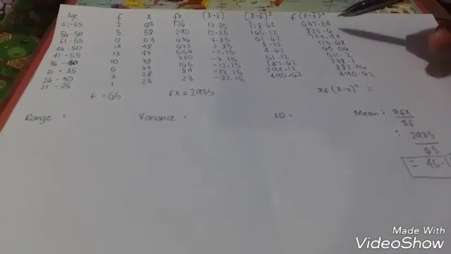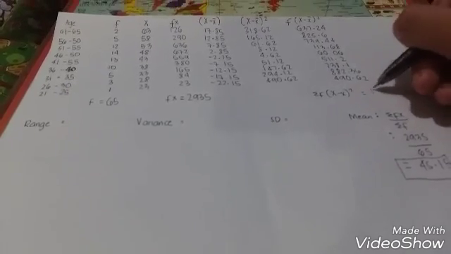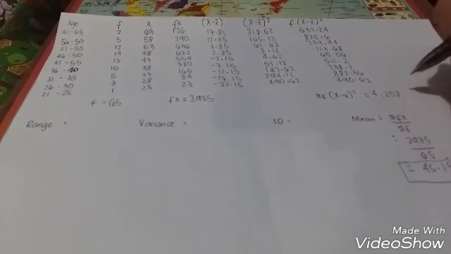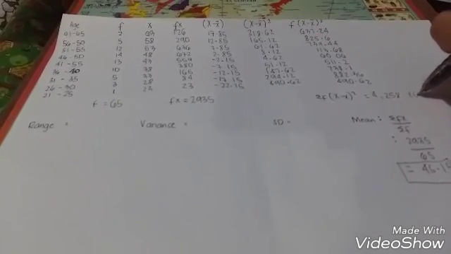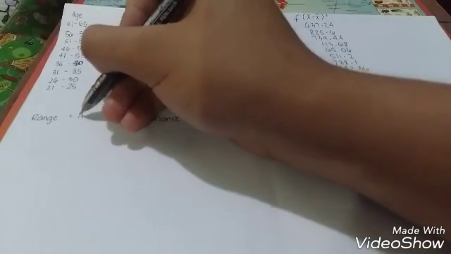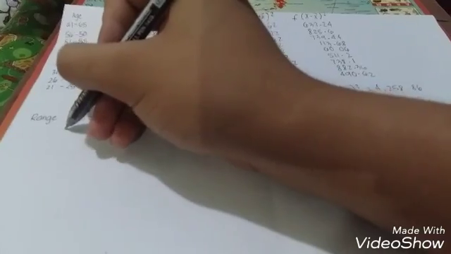Then the total of these numbers is 4,258.86. So in getting the range, the formula of range is the highest number minus lowest.